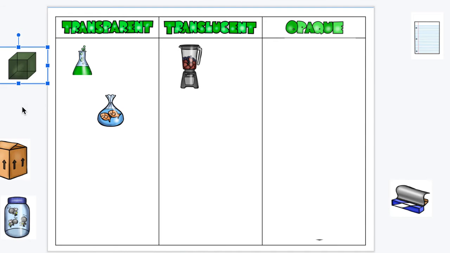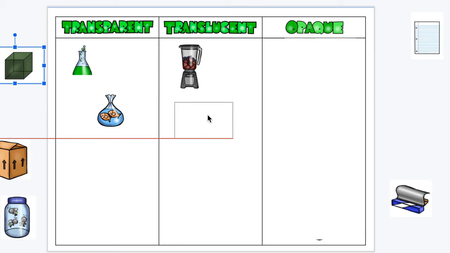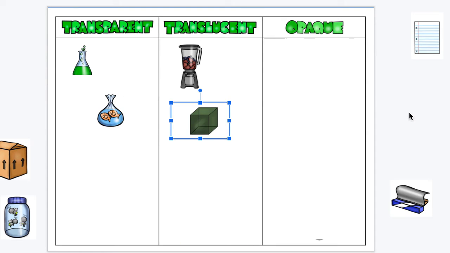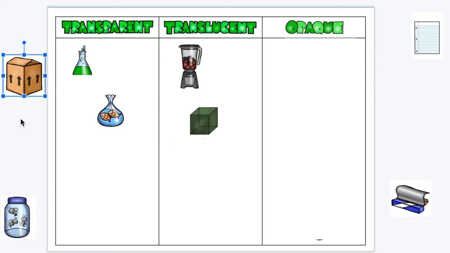And this green cube, this green clear cube, is that transparent, translucent, or opaque? So this one is a little tricky, but you can see that some light passes through it, not all of it. It's not as clear as the goldfish, but you can see that some light is passing through it, so it is actually translucent. How about this box? Where does this box go?